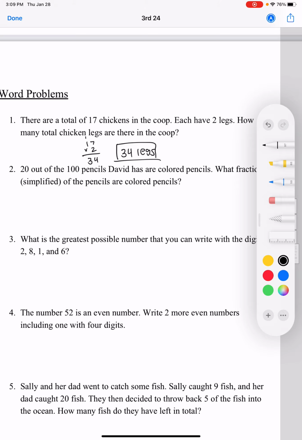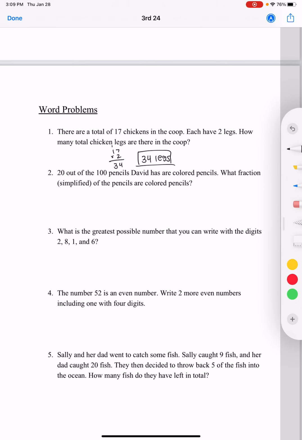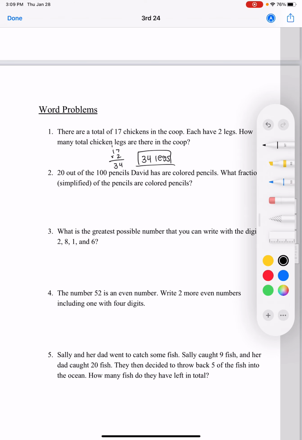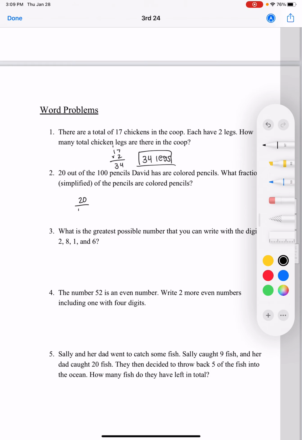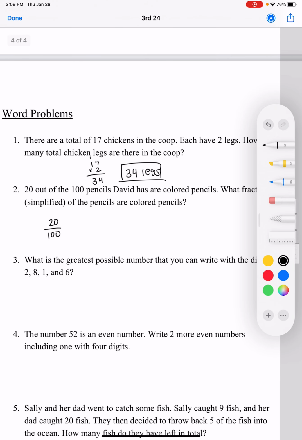Number 2, 20 out of the 100 pencils David has are colored pencils. What fraction, simplified, of the pencils are colored pencils? So 20 out of 100. The first thing we can see here is that there are zeros in both the numerator and the denominator. So we can cancel those out, and now we have 2 over 10. This is still simplifiable because they're both even numbers.